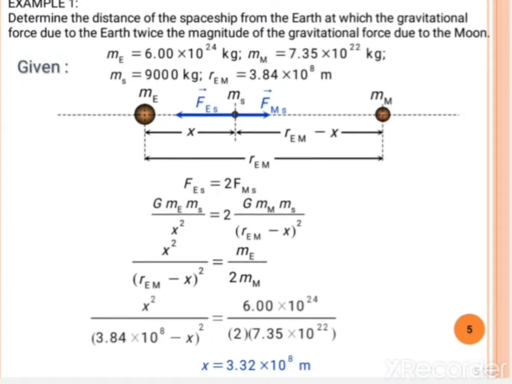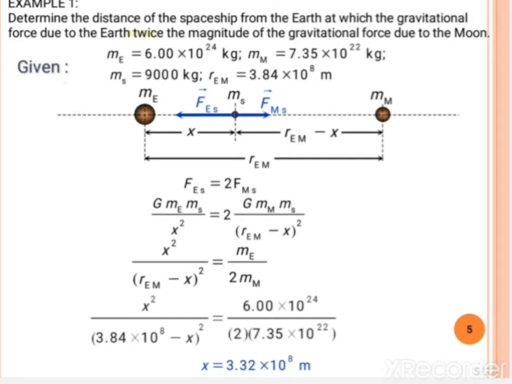We go to example 1. Determine the distance of the spaceship from the Earth at which the gravitational force due to the Earth is twice the magnitude of the gravitational force due to the Moon.